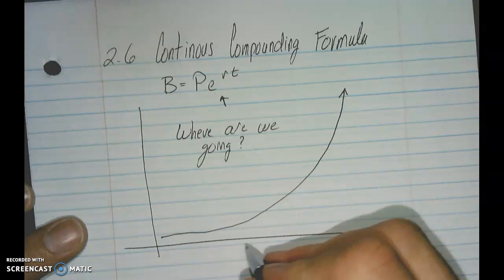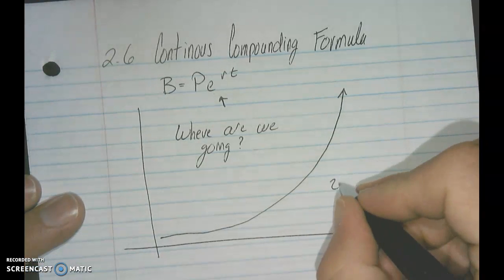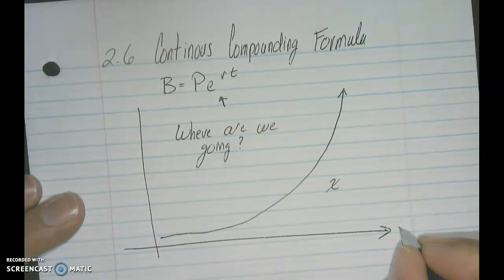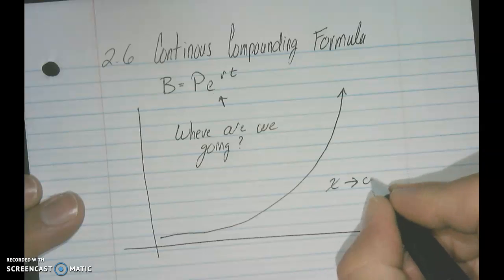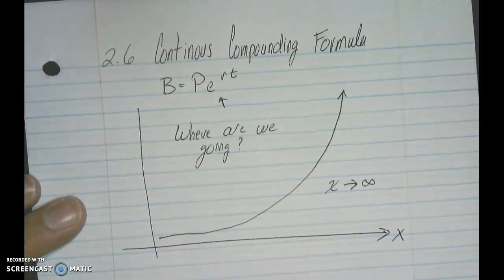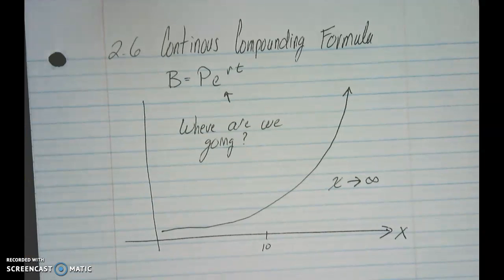So basically what happens is this. As x, which is our variable here, as x goes to infinity, right? That means that we're thinking of not just x down here at like 10 years, we're talking x millions of years down the road, okay?